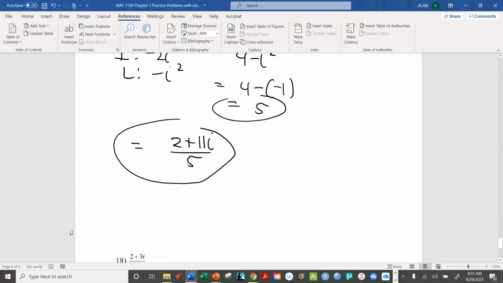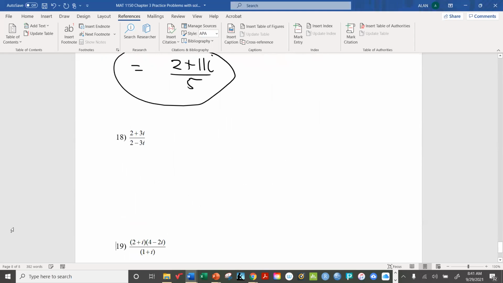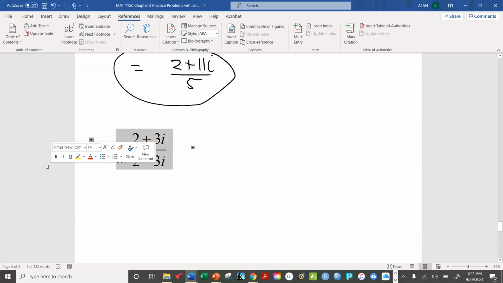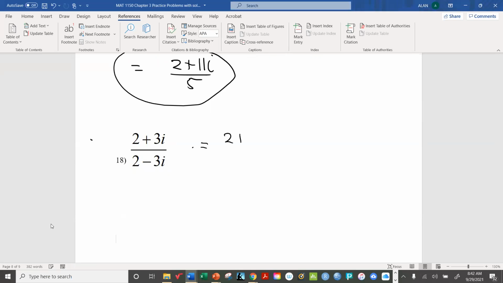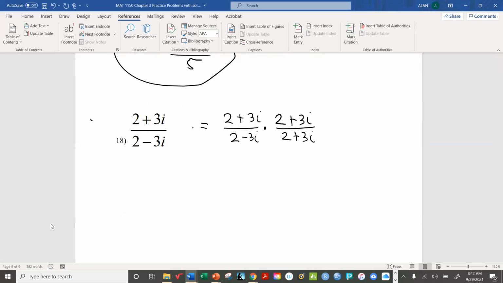Okay. So those are pretty straightforward. And we have another one coming up next, which is very similar. So we'll multiply that by the complex conjugate of the denominator. Okay, so once again, we'll FOIL the numerator and the denominator separately and then recombine them.